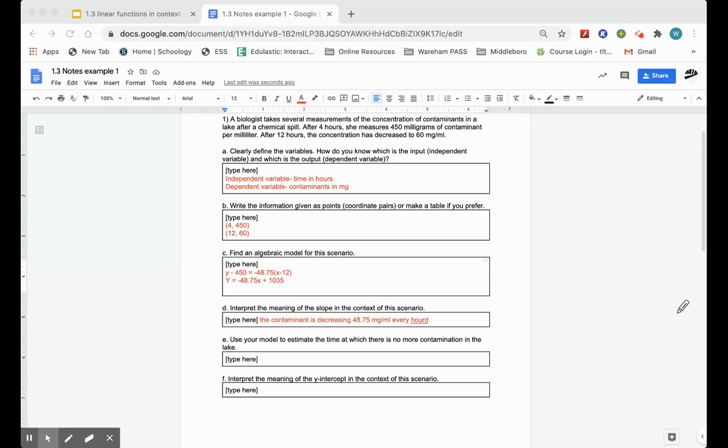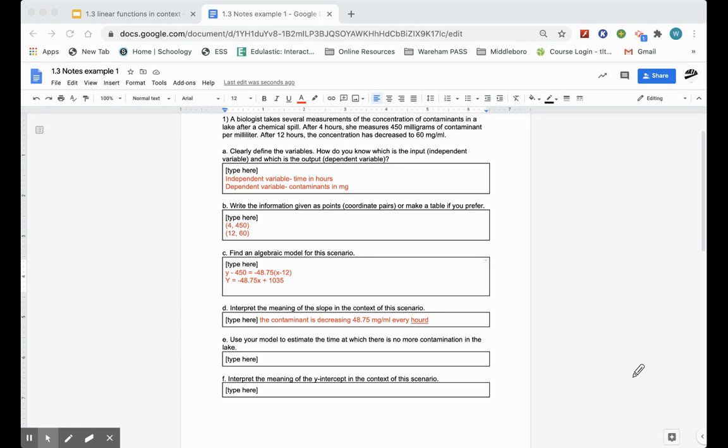So to solve this, I have to subtract 1,035 from both sides and then divide both sides of the equation by negative 48.75. And so I'm going to ask you to use a calculator on these, because the calculations would be really hard to do by hand. So that's step 1.